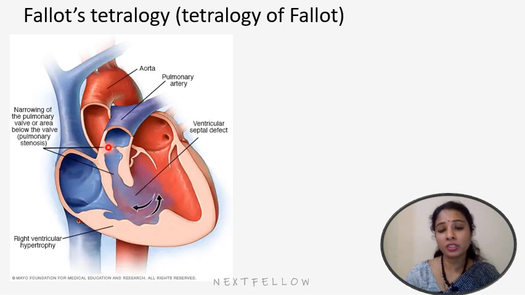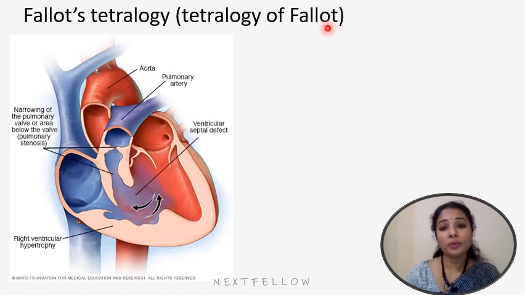Then overriding of the aorta, displacement of the aortic orifice to the right, so that it overrides the interventricular septum. And then VSD, ventricular septal defect, where we can see mixing of oxygenated and deoxygenated blood.